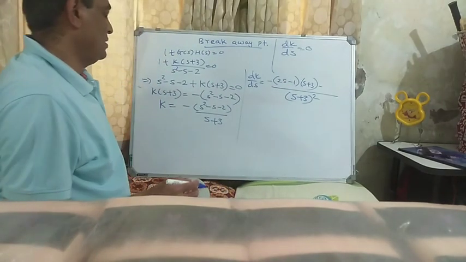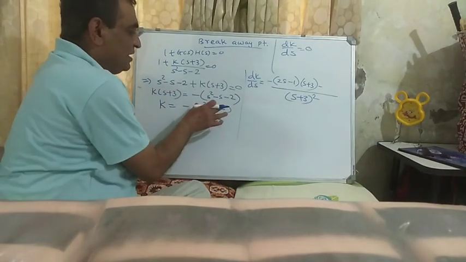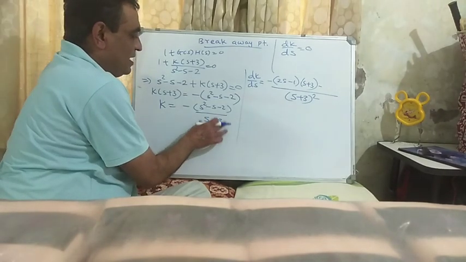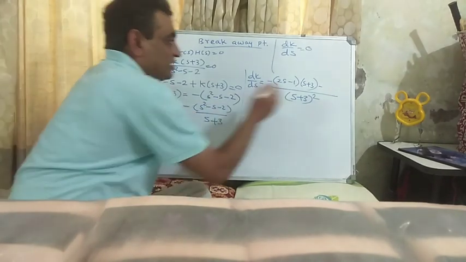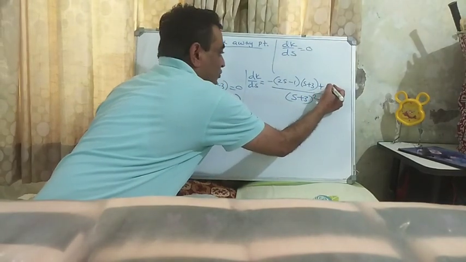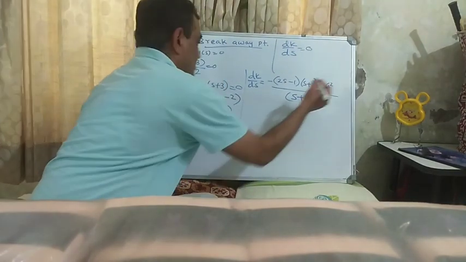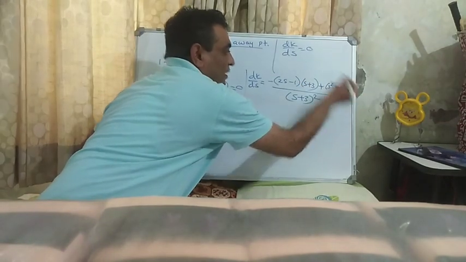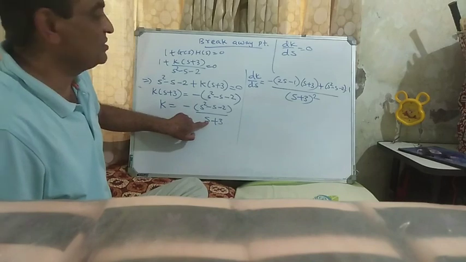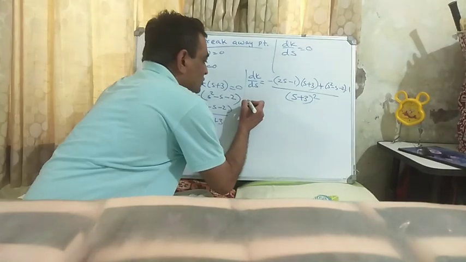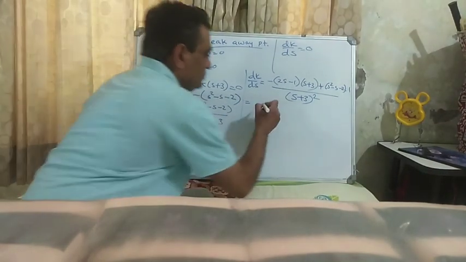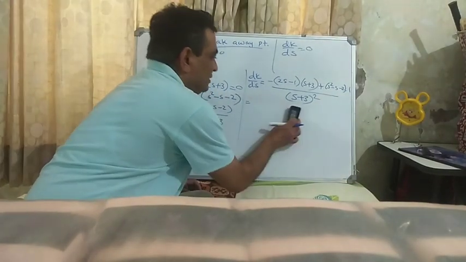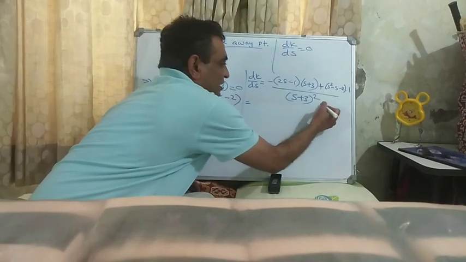minus of then this into derivative of this. So derivative of s plus 3 is 1, and I need to put this. So minus minus is plus. So you can say s square minus s minus 2 into 1, 1 is the derivative of s plus 3. Okay. So this implies dk by ds equals to 0.